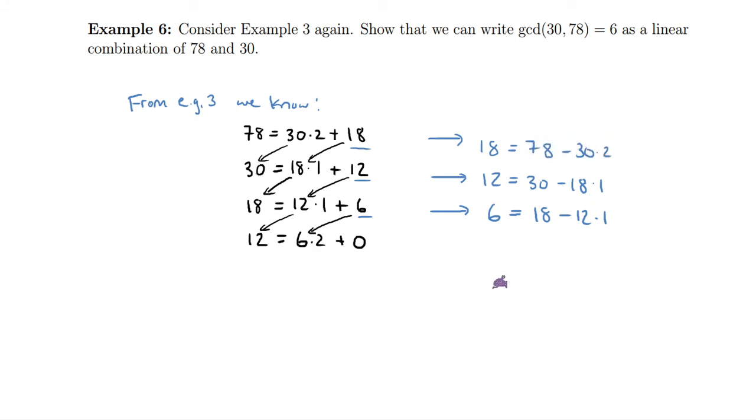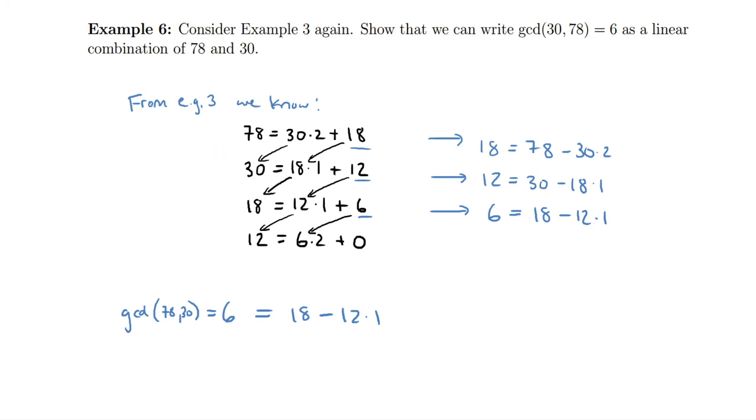All right. And then what you're going to do is start to substitute things. So 6 here is the GCD, right? The GCD of 78 and 30 is equal to 6. And then I can slowly start to substitute this information in. So for example, I can substitute in the 12 and I can substitute in the 18 here.